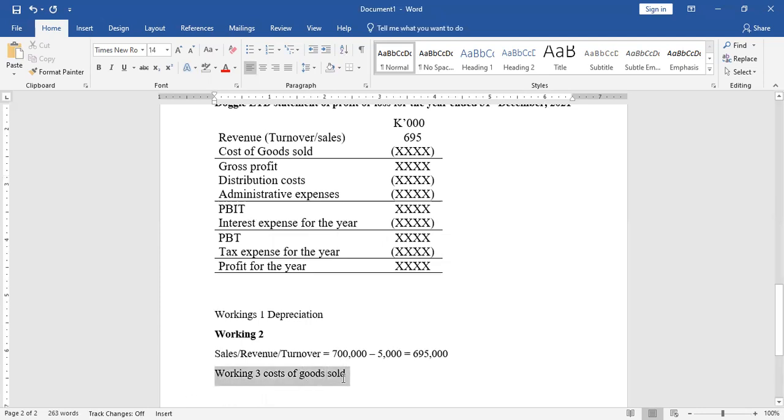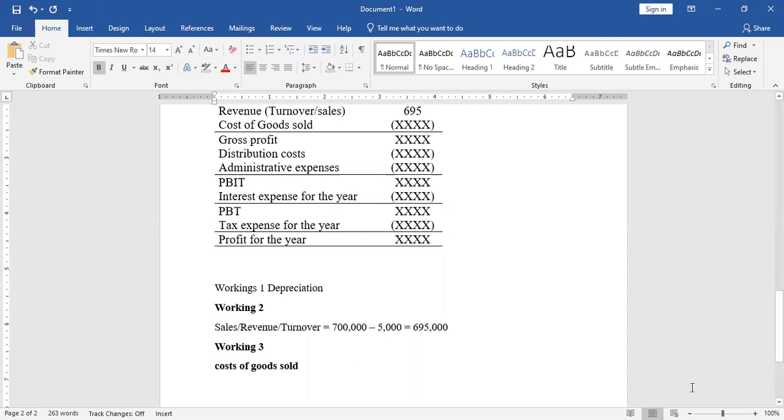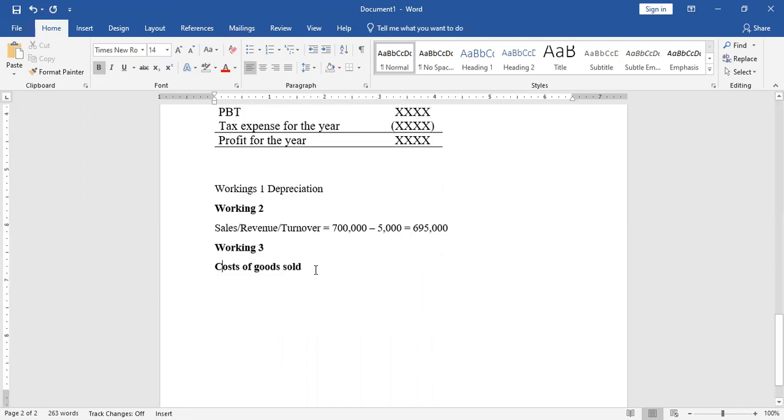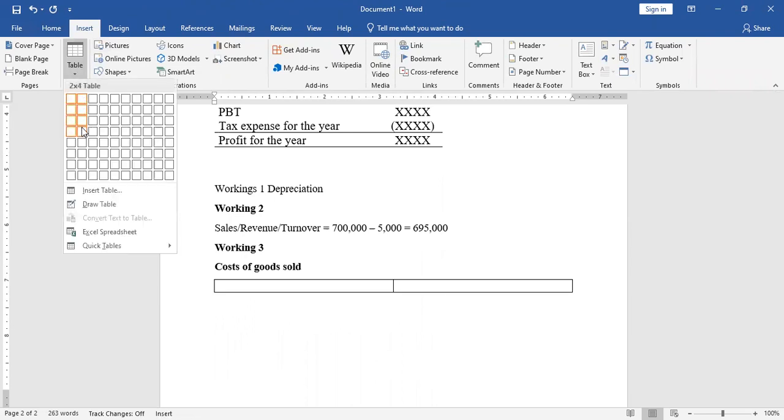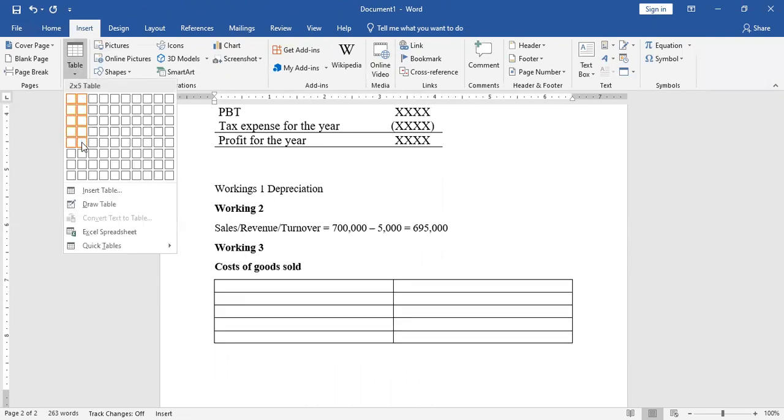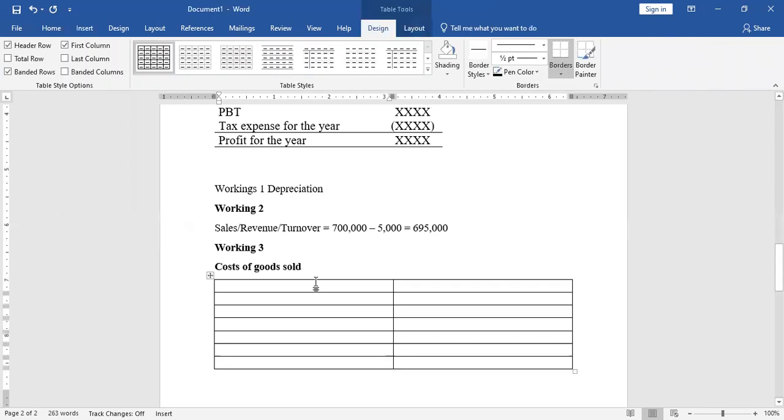The formula for cost of goods sold is, let me put a table here, a 2 column table. It's calculated as opening inventory, which is opening stock.